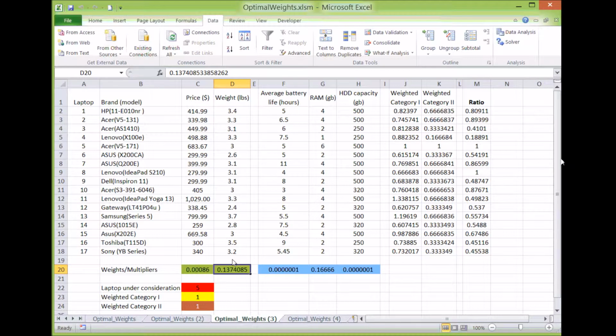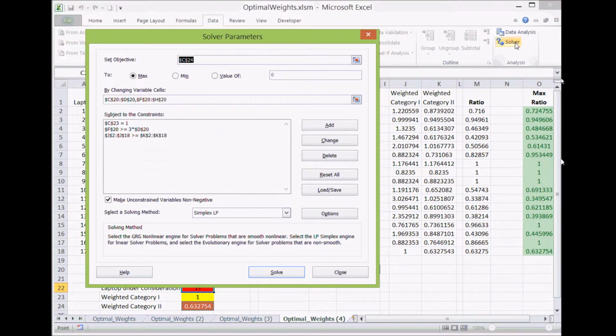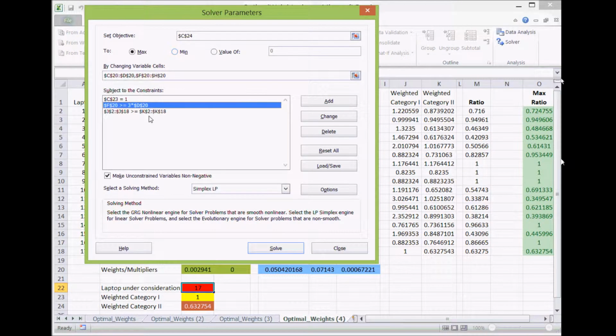And in the Excel solver, we can actually incorporate these kinds of user preferences into the model. Here's how. You go to the solver and add this constraint. This says F20 is greater than or equal to 3 times D20.